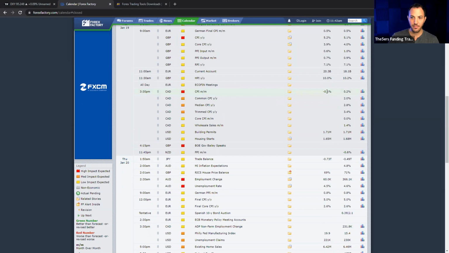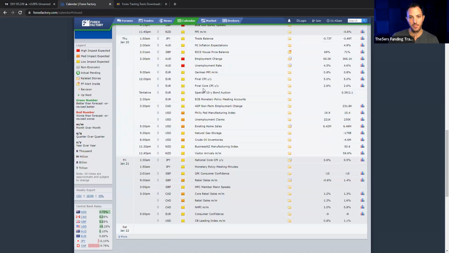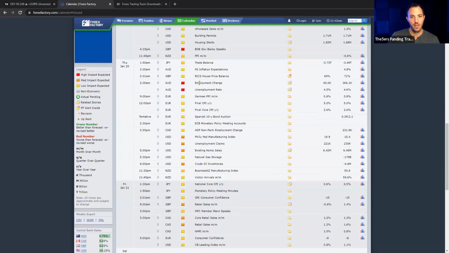CAD, we'll see how it looks on the chart on the CPI. Employment in Australia, we expect a much lower employment, so a lot of unemployment going on there. We'll see how that looks on the chart as well.